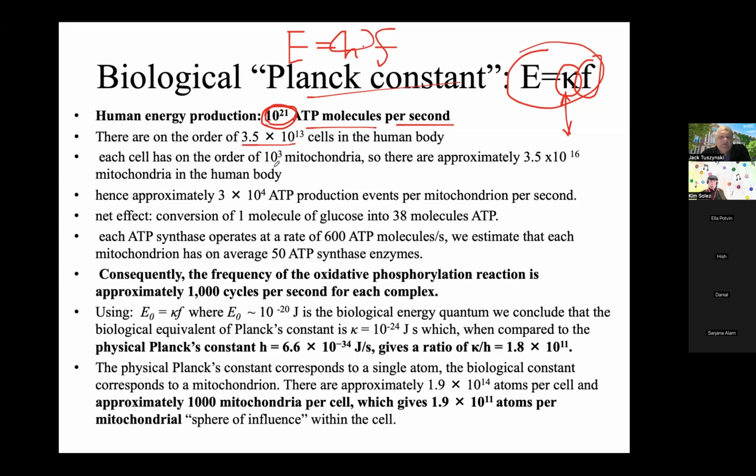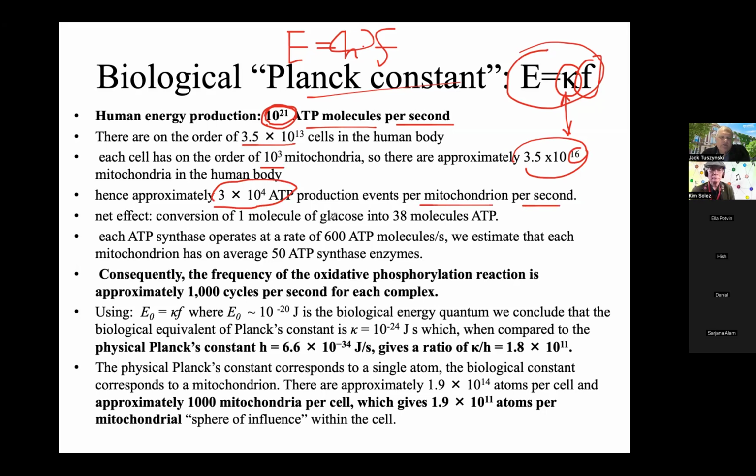Now, this is the number of cells in the human body. Each cell has roughly 1,000 mitochondria. So overall, we have something like 3.5 times 10 to the 16th mitochondria. And this is the amount of ATP, biological energy quanta, produced per mitochondrion per second, 30,000 or so.